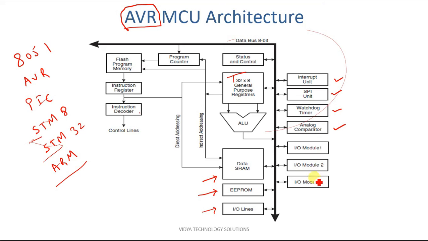Depending upon which device you have, they may have some additional features like analog to digital converter, PWM generator, and 2-wire interface. Don't worry if you don't understand any of these things. We are anyway going to discuss every single thing of it in detail. Let's proceed.